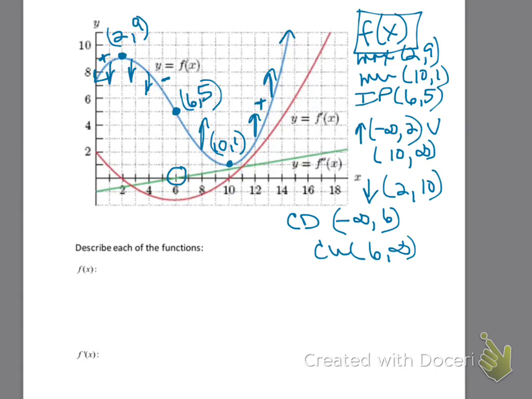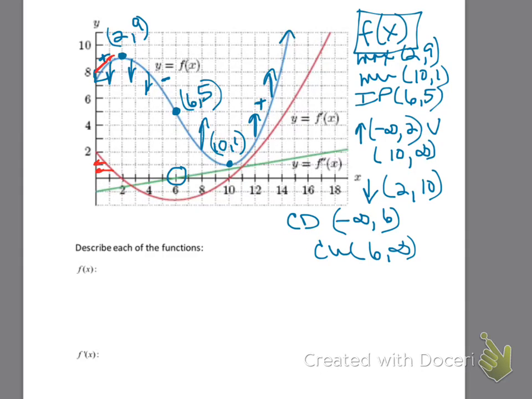I'm now going to talk about how I can make connections with my first derivative. So let me change my color to match the first derivative. And what do I see here? All right, I know that my slope is positive here on my function. So I can read my slope right off of my first derivative.